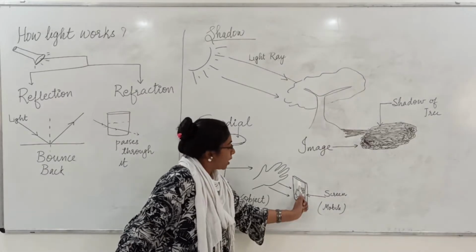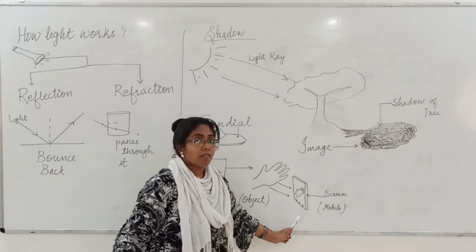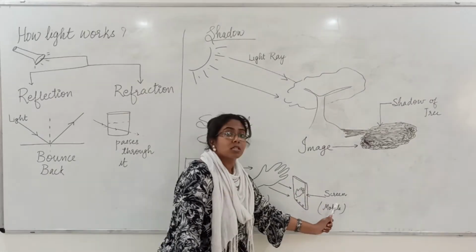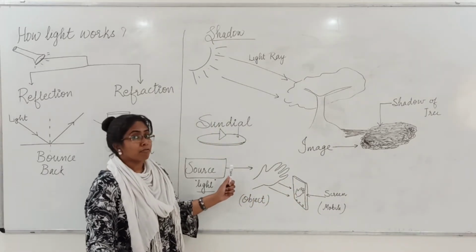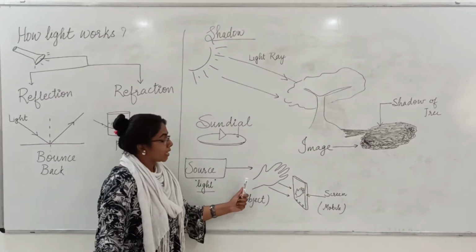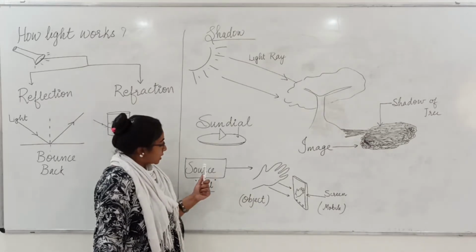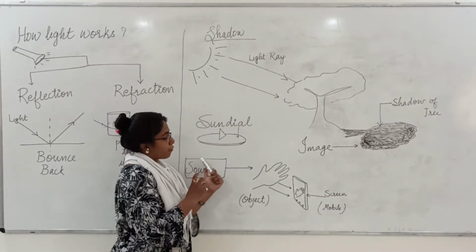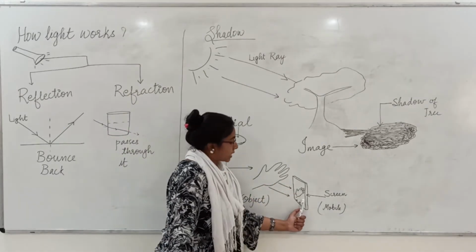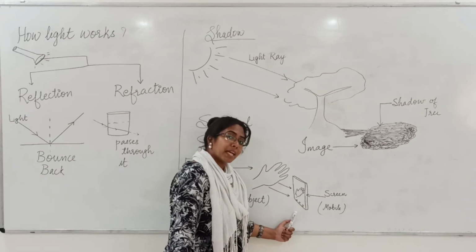Wherever the picture is observed, we call it a screen. The thing which we are photographing, we call the object. And the light is the source by which it falls, and automatically the screen shows the picture.